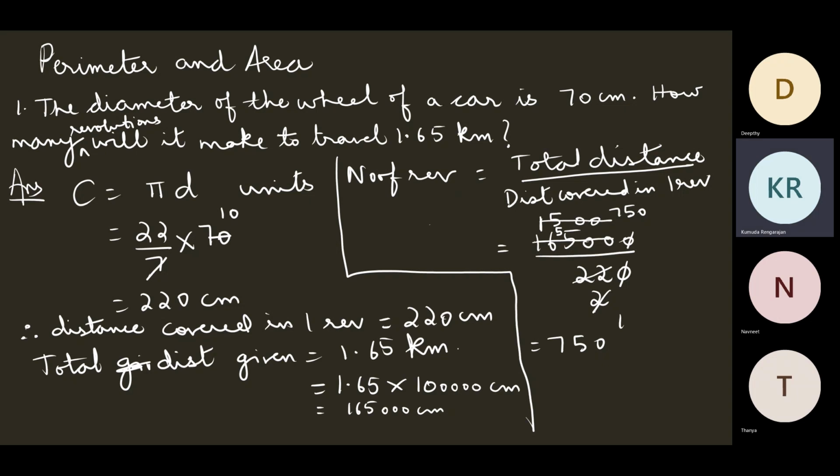All right, now moving on to area. So far we've been seeing questions based on finding the perimeter of a circle, a square, or a rectangle, and other situations using perimeter of square, rectangle, and circle. Now we'll move to area.